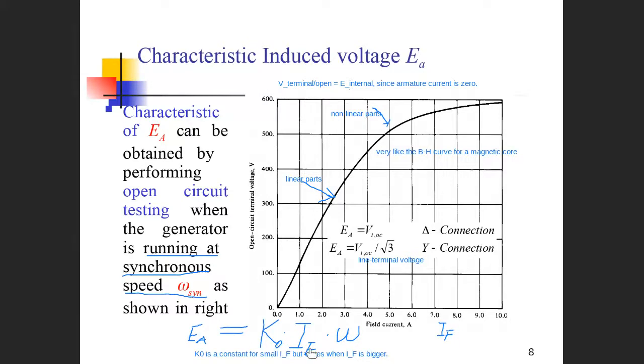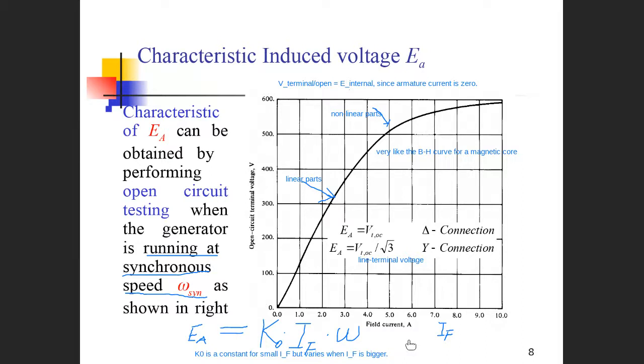So if the field current is 1 ampere, it has a generated voltage of 100 volts. If it is 2 amperes, it has 200 volts. 3 amperes, it has 300 volts, with the rotation speed a constant. When it comes to the nonlinear one, 1 ampere gives 100, 2 amperes 150, and 3 amperes 180. So nonlinear. Those are the cases.